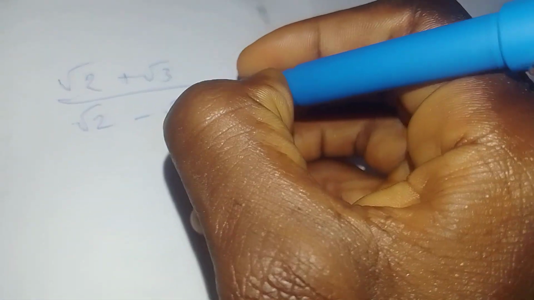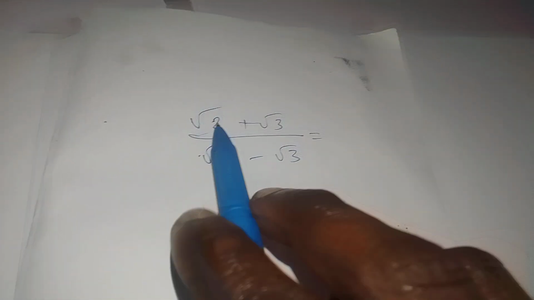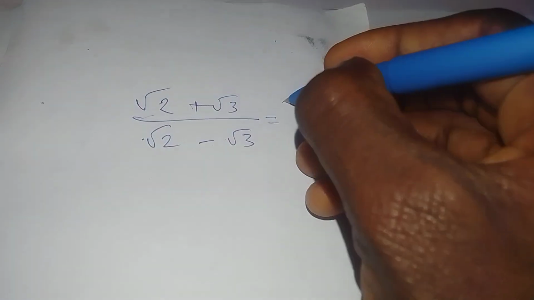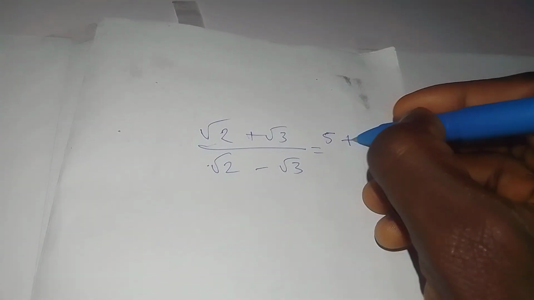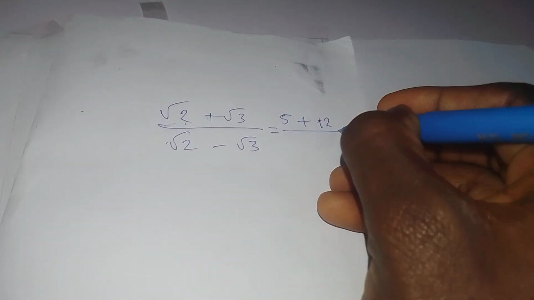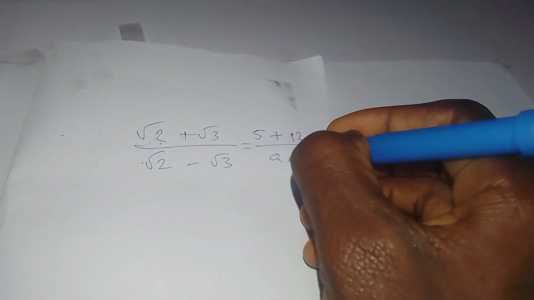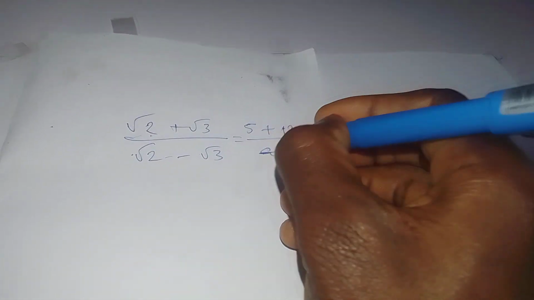For example, if I have the square root of 2 plus the square root of 3 divided by the square root of 2 minus the square root of 3, according to the rule, a plus b, where a is 2 and b is 3, will be 5, plus 2 times root ab, divided by a minus b, which is minus 1.